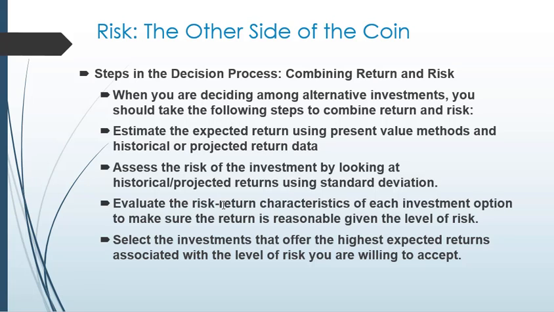We then look at risk-return characteristics of the set of investments at our option to make sure that the returns are reasonable. And then, of course, we select those investments that offer the highest expected returns associated with the level of risk you are willing to accept.